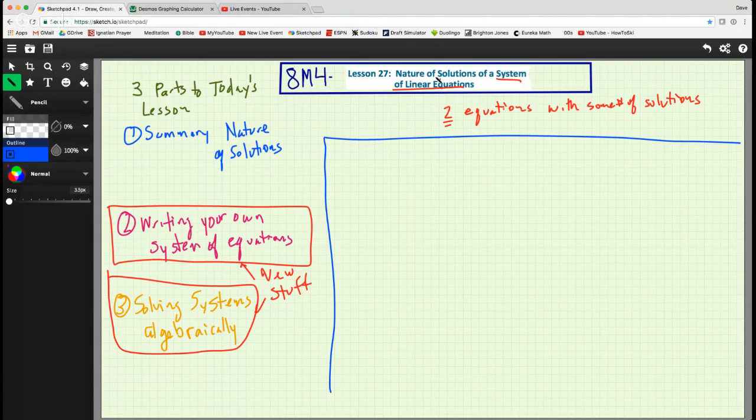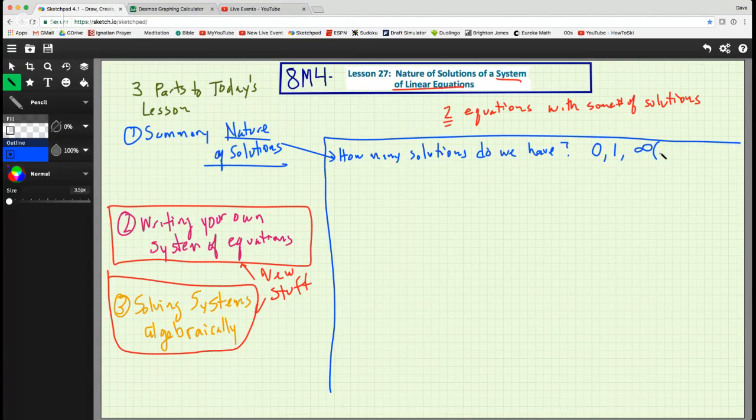So when we talk about the nature of the solutions, we're talking about how many answers, how many solutions do we have? We've talked about it. We know that the answer is actually 0, 1, or infinite.